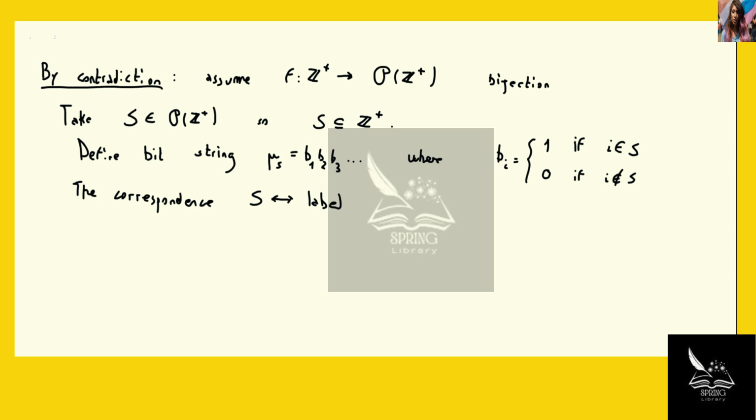So the label associated to S would be 1, 1, 0, 0, 0, and all zeros.